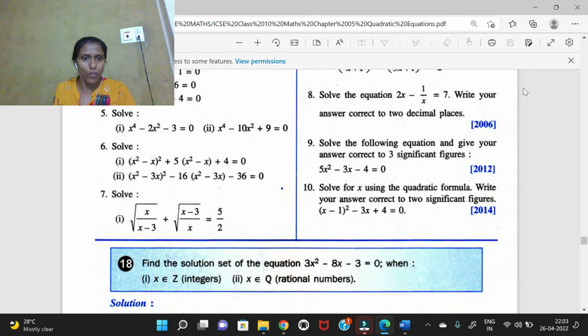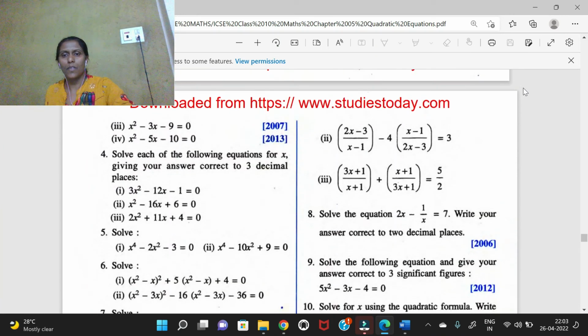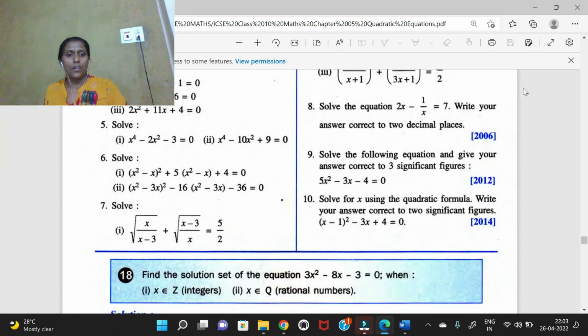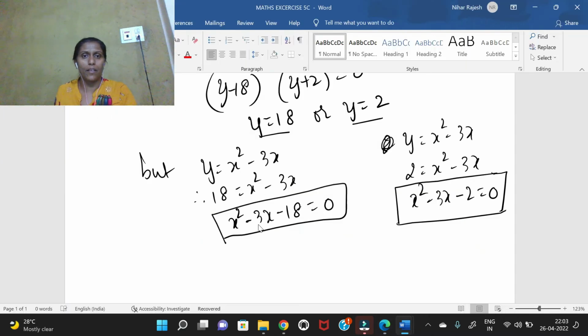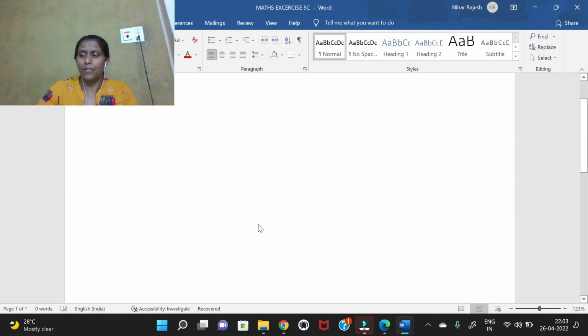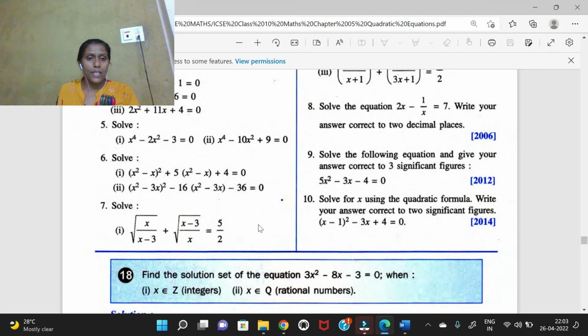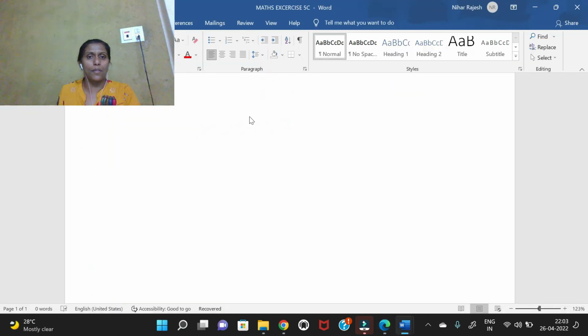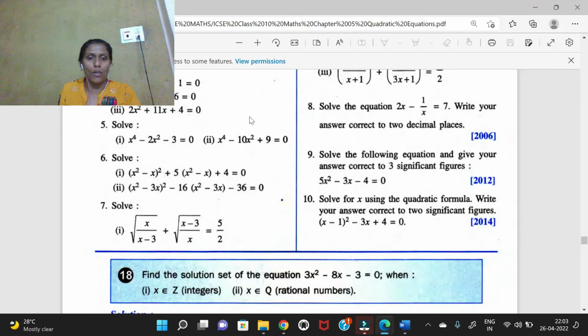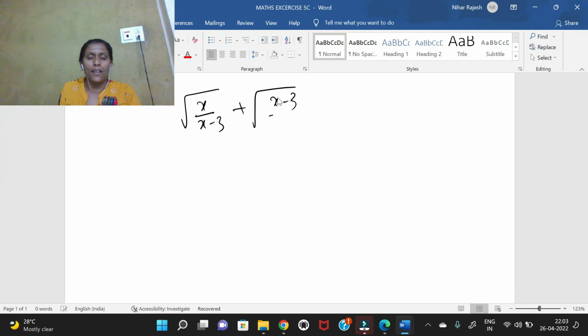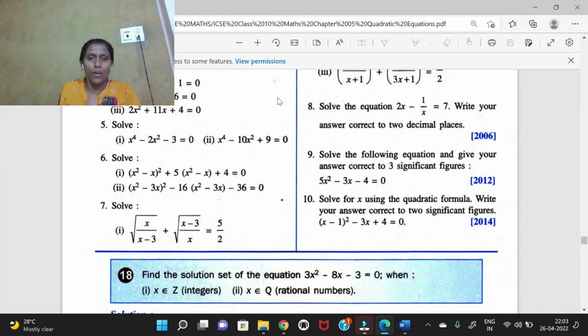Let us go for solving the seventh one. So the seventh one says root of x by x minus 3 plus root of x minus 3 by x is equal to 5 by 2.